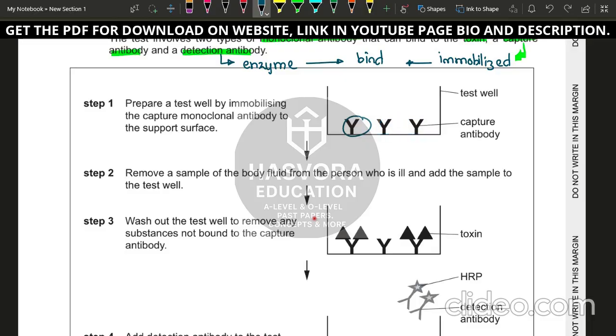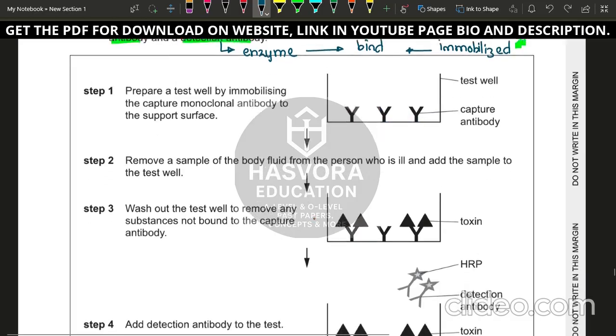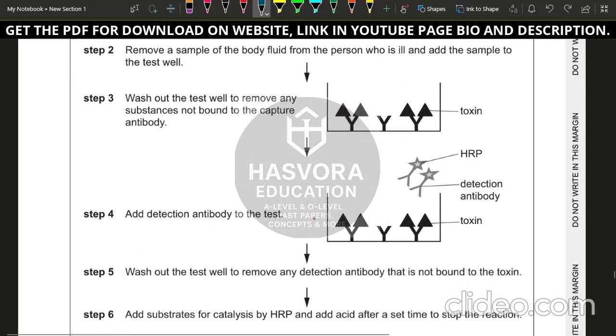Now the second step is to remove a sample of the body fluid from a person who is ill and add the sample to the test well. So you can see that it has captured this toxin. As I told you, this is your toxin and it has been captured by your capture antibody. Wash out the test well to remove any substances not bound to the capture antibody.